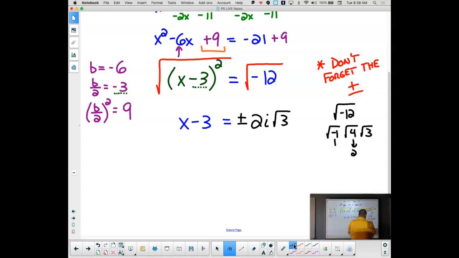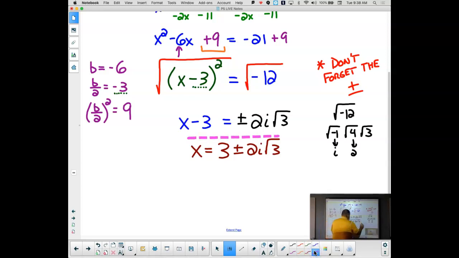Okay? Then to finish off our solve, we simply add 3 to both sides. So our two answers would be 3 plus or minus 2i times the square root of 3. An imaginary solution.